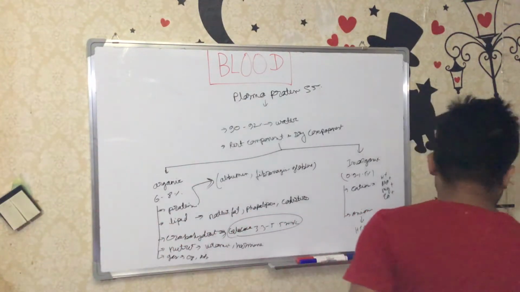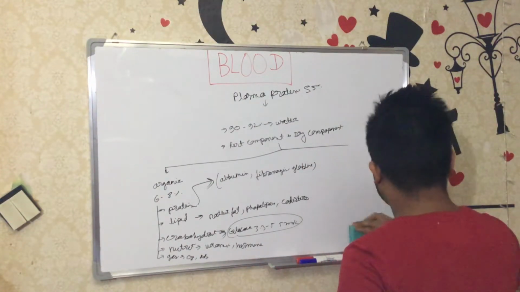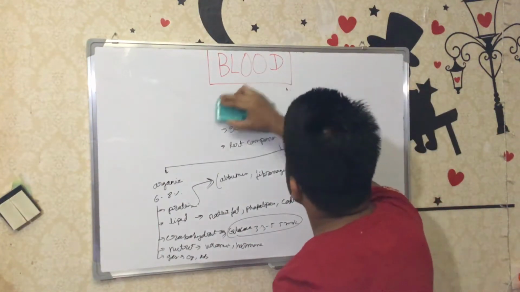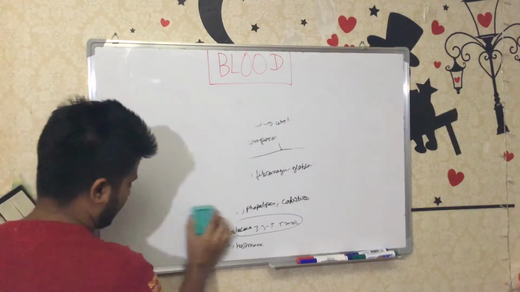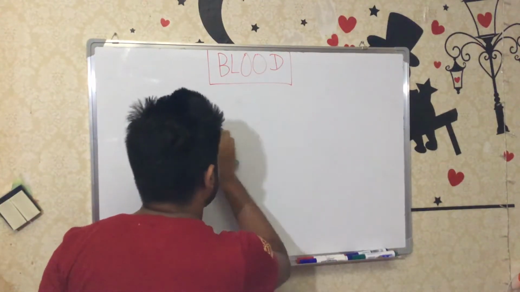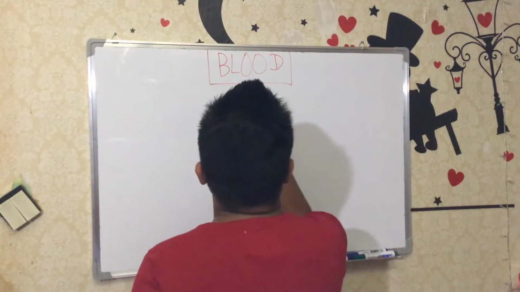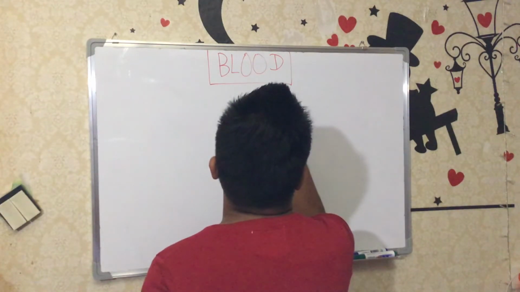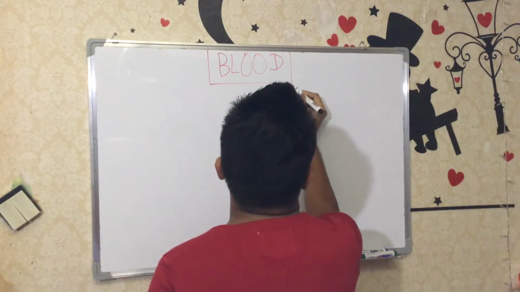Now we'll discuss the white blood cell, which is less than 1%. The concentration is not too much in the human body, but the function is very important. WBC is less than 1%.